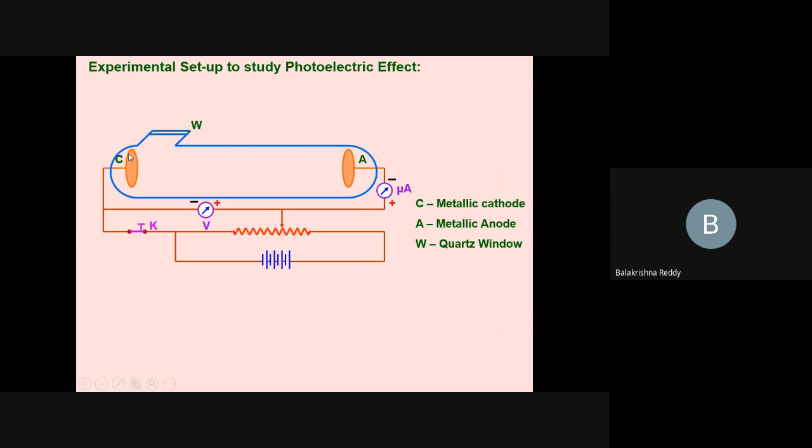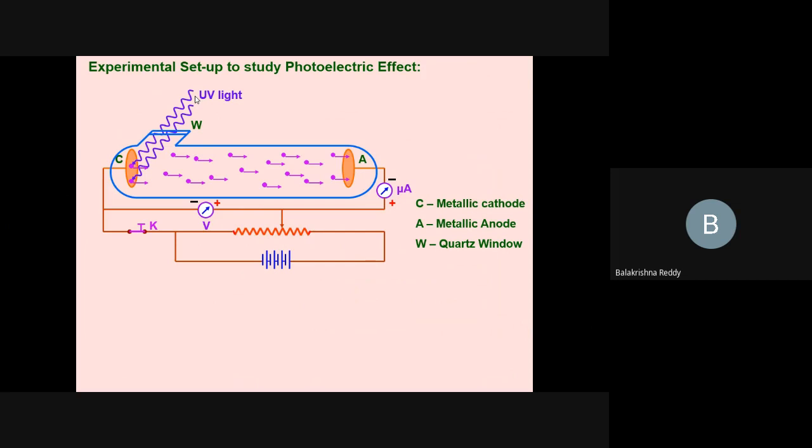You will understand now. First, I have taken a source of light, that is UV light. I am making the ultraviolet light incident on the cathode. You will find that electrons are released gradually. The released electrons are moving towards the anode. Since the anode is the positive terminal, it attracts the electrons.